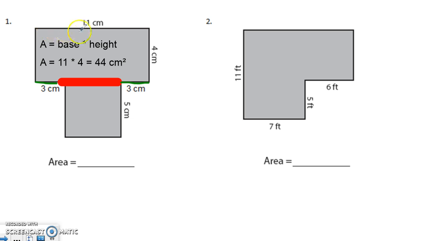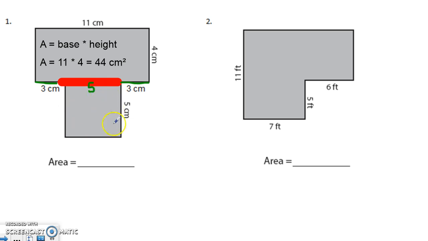And I know this entire thing was 11. So if this entire top is 11, this entire bottom is also 11. So to figure out this missing piece from here to here, I would do the total length, which is 11, minus the little pieces I know, which is 6. And 11 minus 6 means that this little piece here is 5.